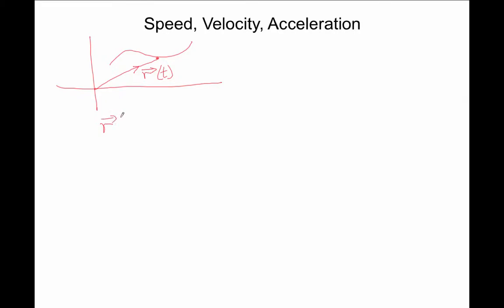Then r of t, which is called the position vector, can be expressed in terms of the unit vectors, let's say f times i plus g times j, and this f and g are functions of time, as we've discussed.